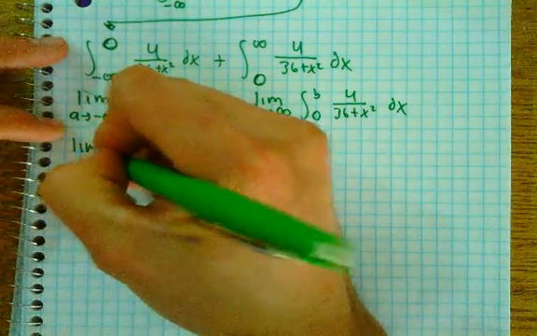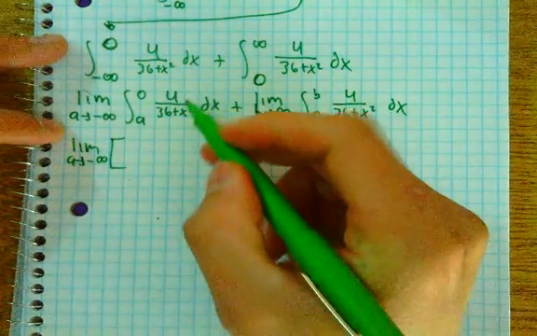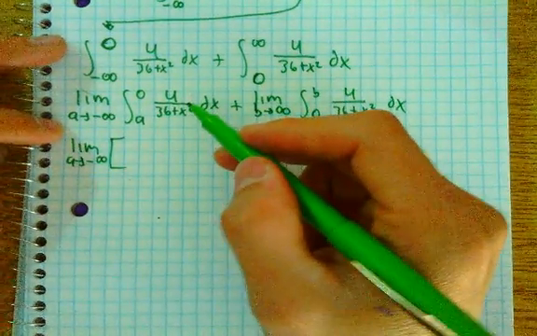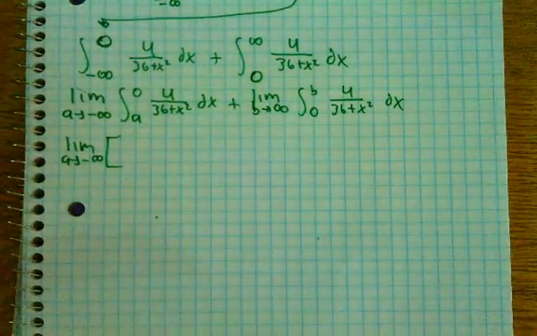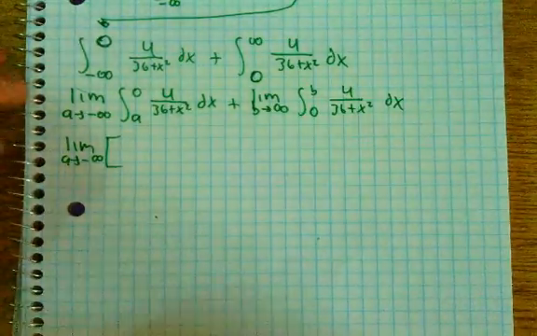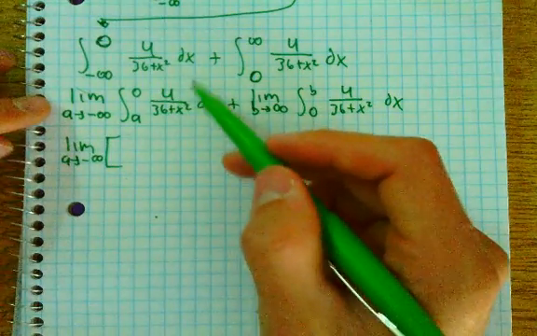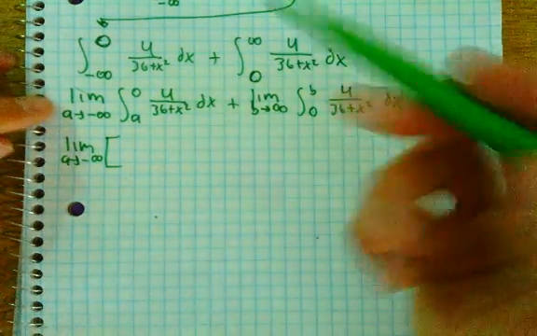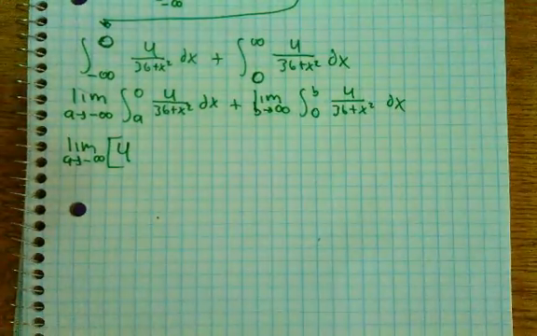So the limit as a approaches negative infinity of, what is the integral of this? Well, we already talked about this being arctangent, right? Agreed? Who remembers the rule? What do I do with this 4, by the way, first? It's a constant, right? Can I just pull it out? So it would be 4 in the front, and then you would have 1 over 36 plus x squared.